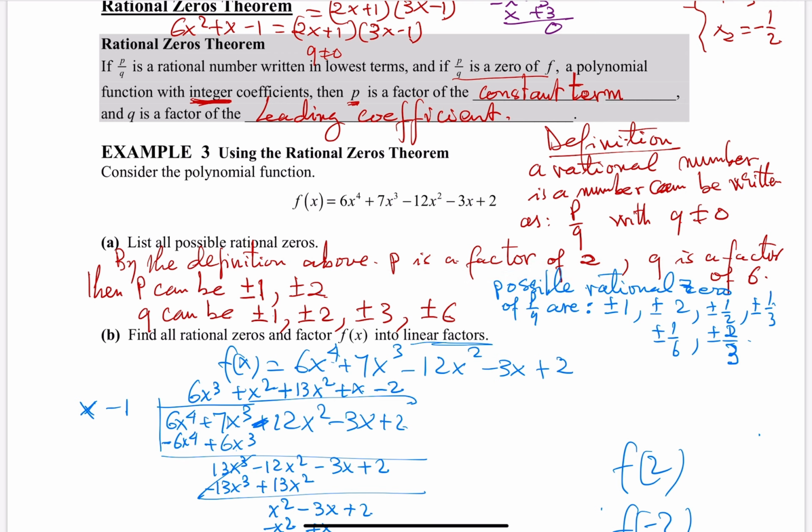Now, since P is a factor of 2, 2 times 1 or 2 times -1, we still have a factor. P is still a factor. If we divide 2 by positive or negative 1, we still have 2 available, positive or negative 2. The same thing, you take the positive or negative sign, either way will work.